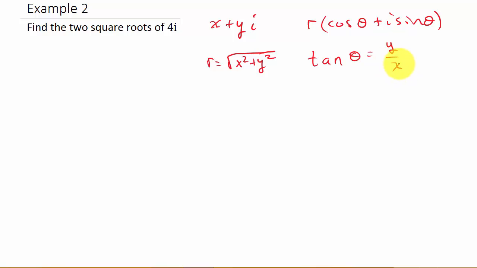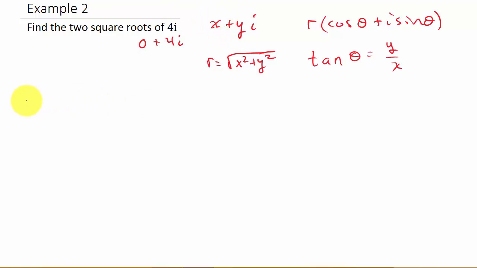Here we have 4i. Remember also that 4i is the same thing as 0 plus 4i. So in this case, x is 0, y is 4.